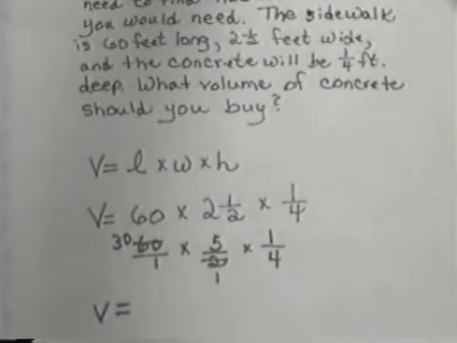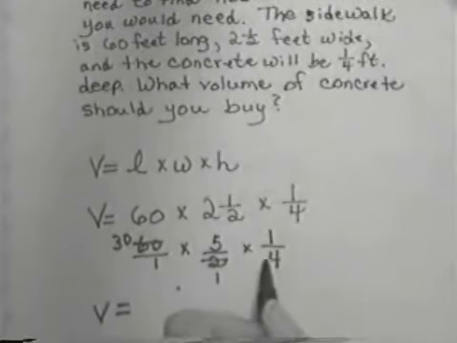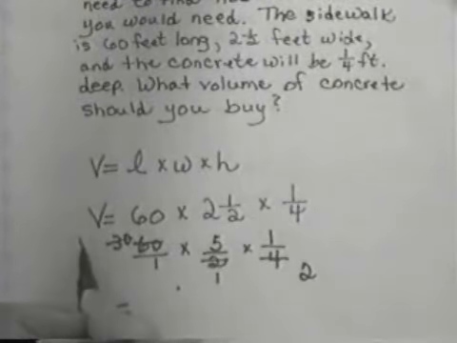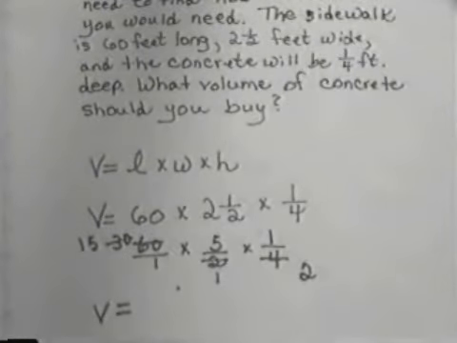So when we multiply straight across, we'll end up with 1. Well, actually, I see something else I can reduce before I multiply. I've still got this 4 left here and the 30, and I can divide 2 into both of those. So let's do that. 2 will go into 4 2 times, and 2 will go into this 30 15 times.